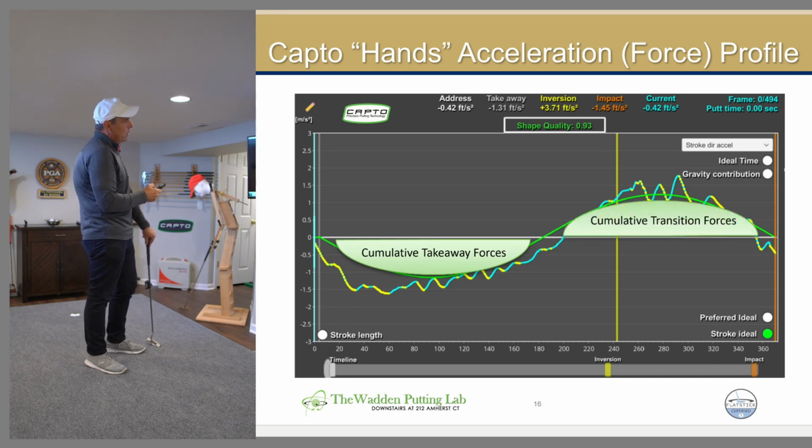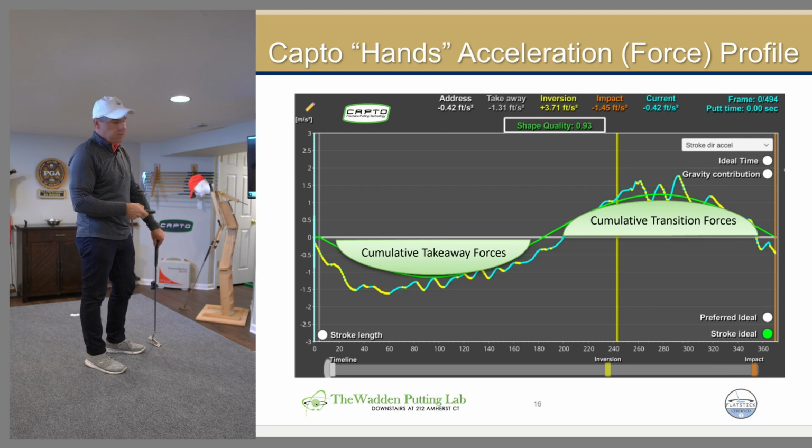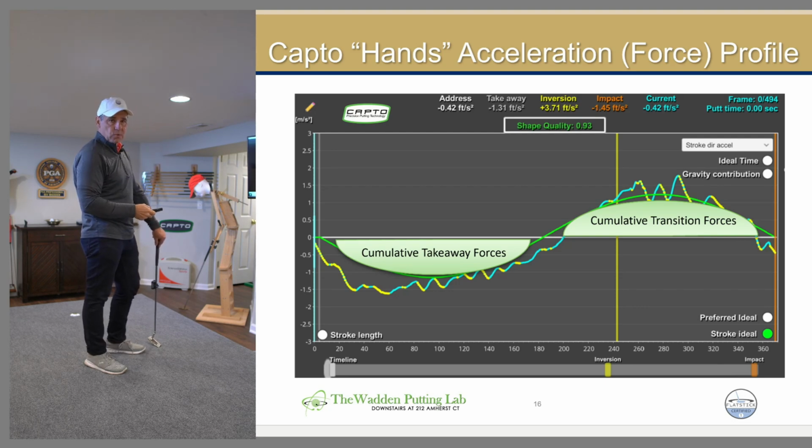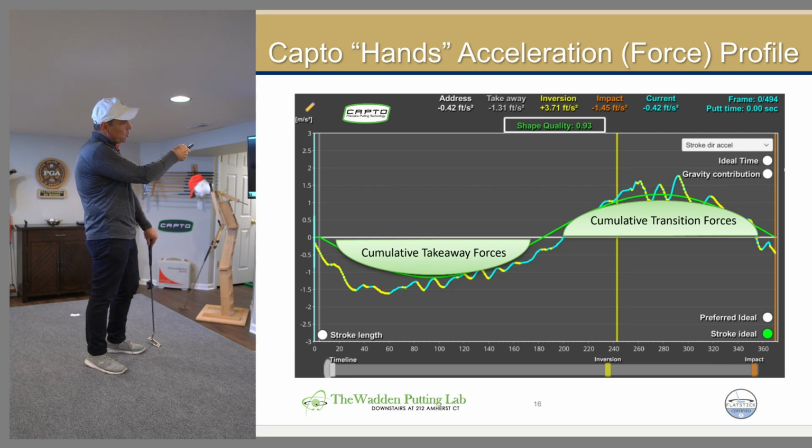And the cumulative transition forces are kind of equal and opposite to the cumulative takeaway forces. It's very visually depicted on this graph. And by the way, notice how the cumulative transition forces actually start before the end of the backswing, before the vertical yellow line, okay?